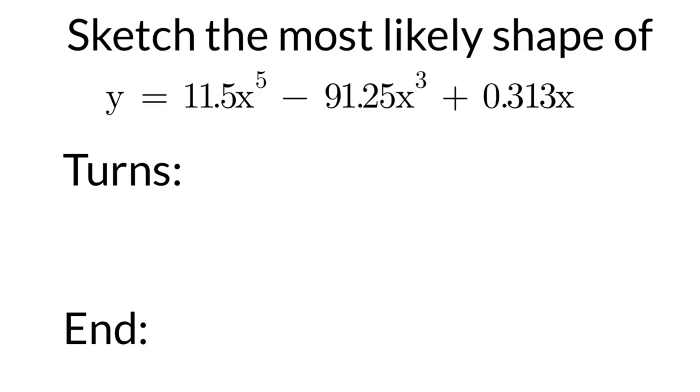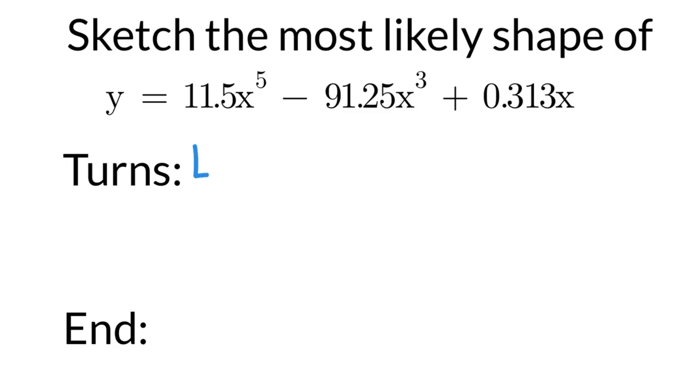Don't get freaked out by weird looking numbers either. When we have y equals 11.5x to the 5th minus 91.25x to the 3rd plus 0.313x, those coefficients anyway aren't really that important. We just need to pay attention to how many times it turns and what happens at the end. Here, our degree is 5.